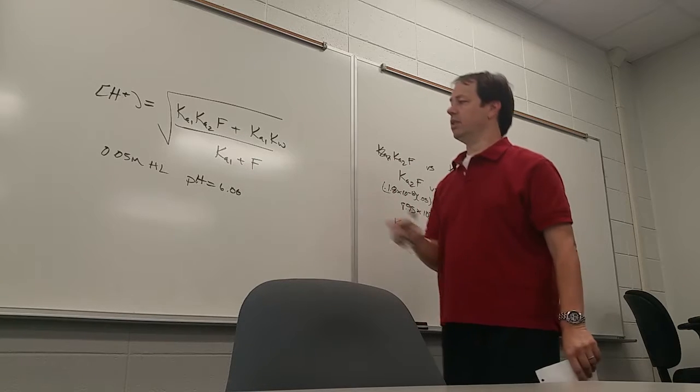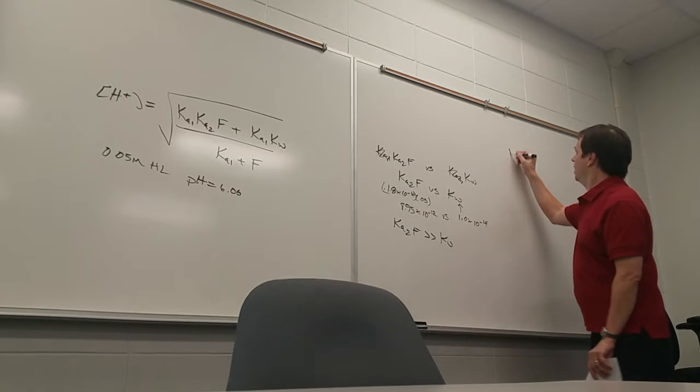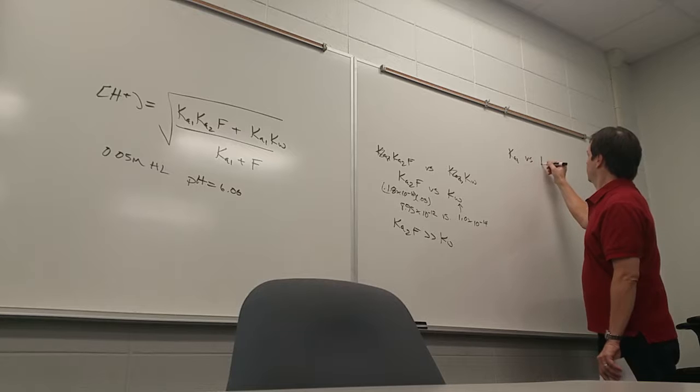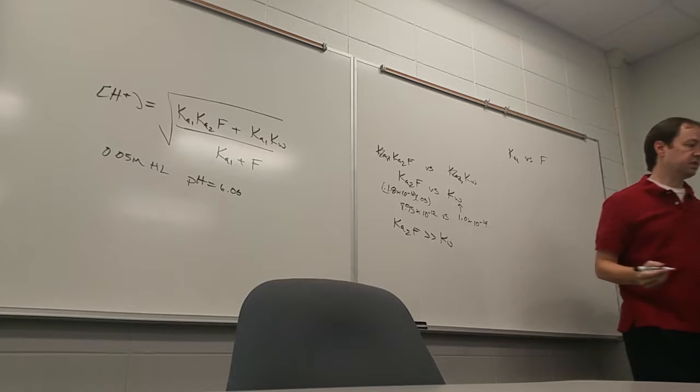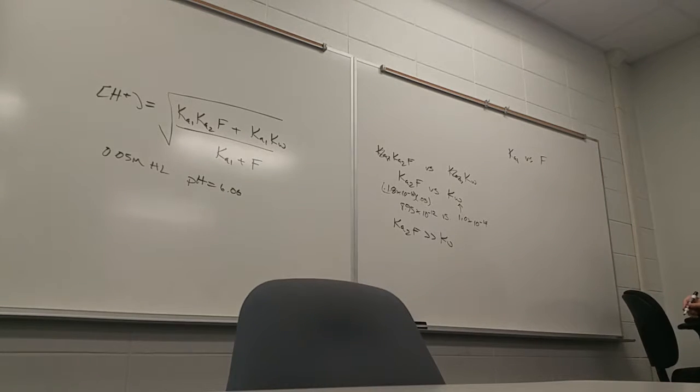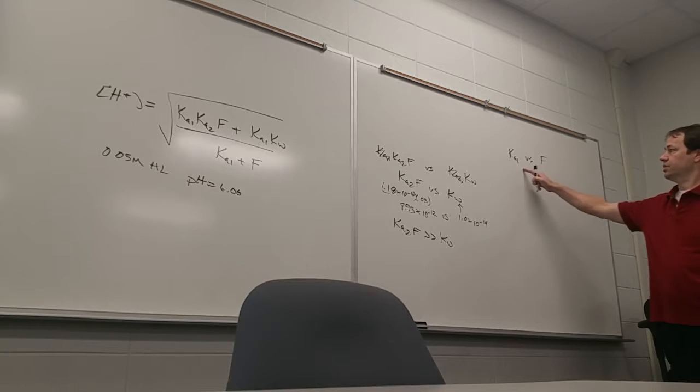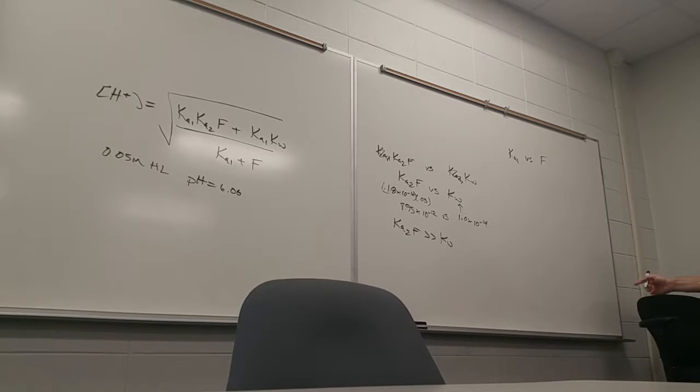And then let's look at the bottom part of the equation, Ka1 versus F. This one's a little harder to make the assumption sometimes, but we do it oftentimes for the reason that we'll show you in a second. Sometimes those two numbers are pretty equivalent to each other and you can't make the assumption, but luckily that's not a big calculation change.